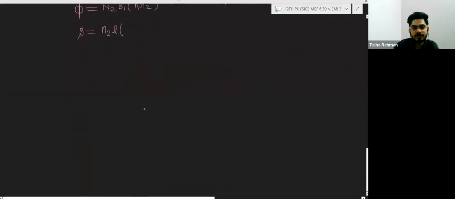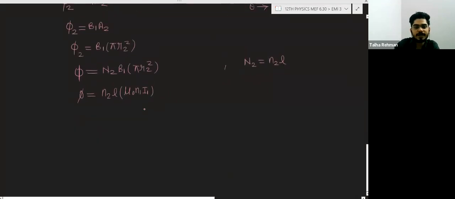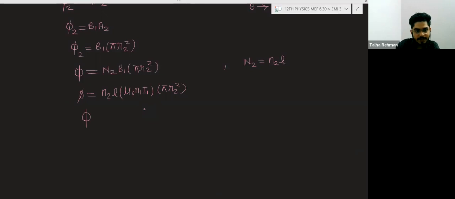So you will put this value, mu naught n1 I1, and this is pi R2 square. So you can write this phi as mu naught n1 n2 pi R2 square into L into I1.